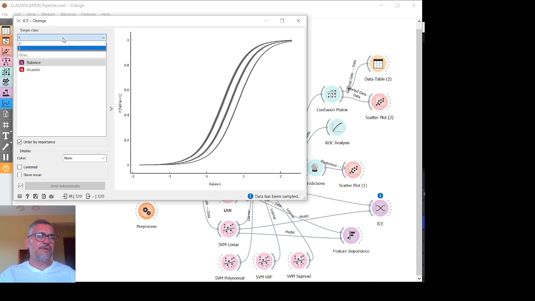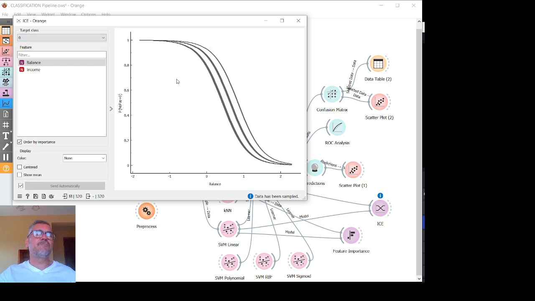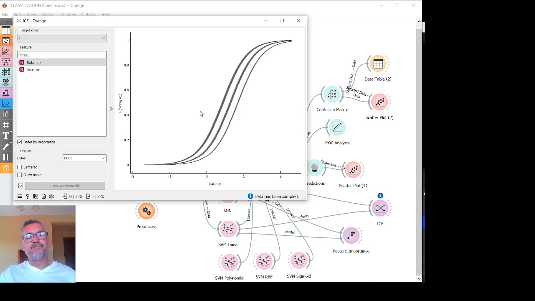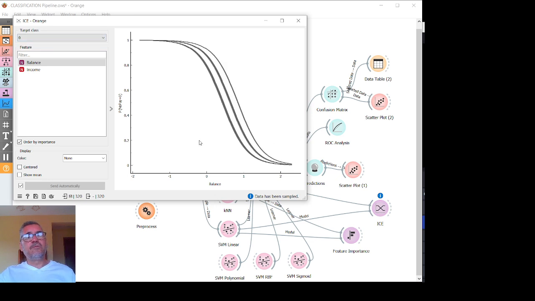And of course, if we put here 0, then we do the same for class 0, people that are going to pay. In that case, we again have a monotonous relationship that is a negative one. The income, in this case, as you can see, let me put it again, 0.